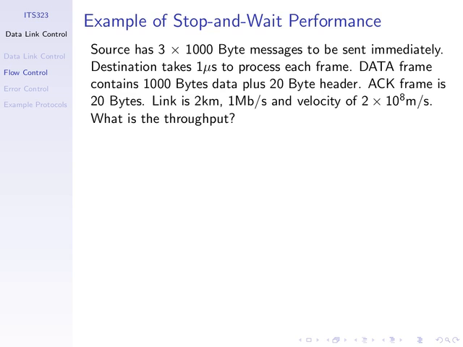It takes 1 microsecond to process. Let's draw that. So this is not to scale, but we have some processing time in here. 1 microsecond later, which would be equal to 8171, we've processed that frame.